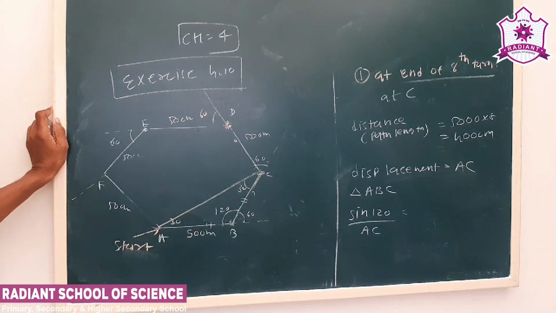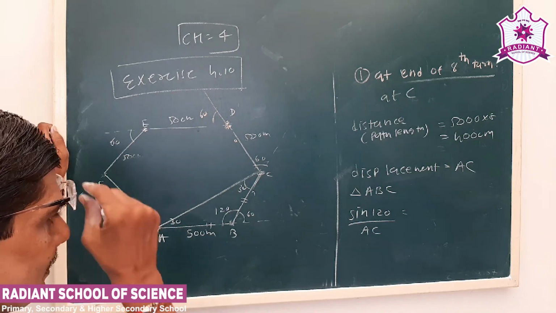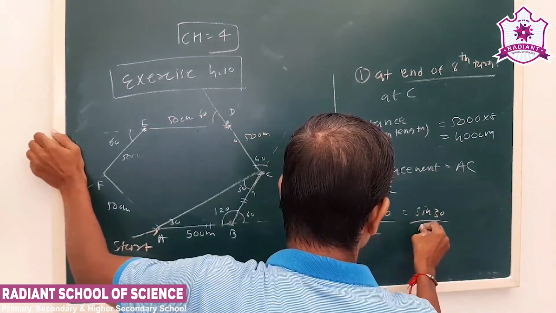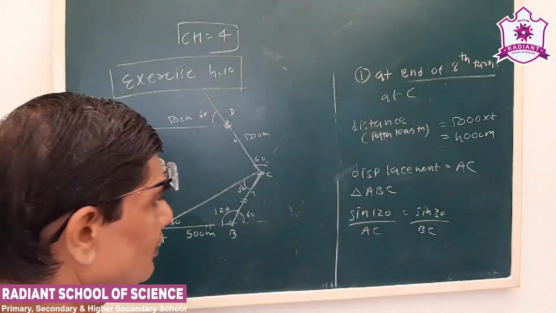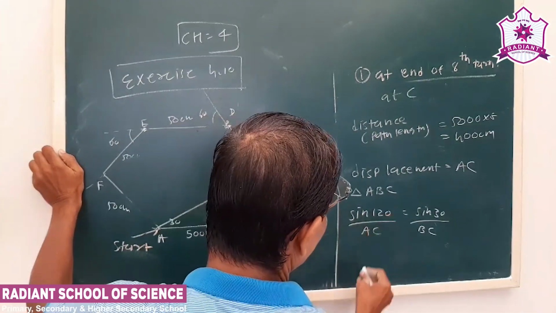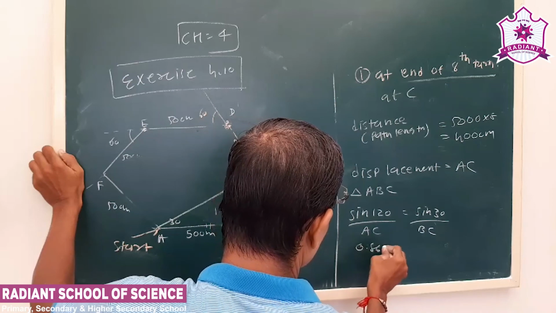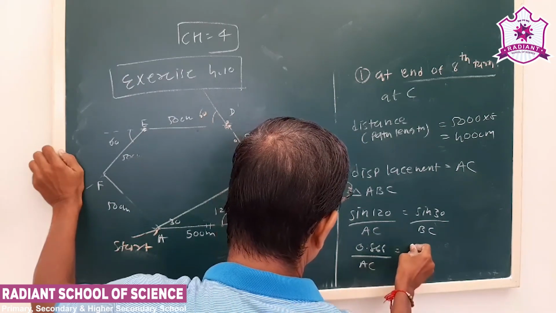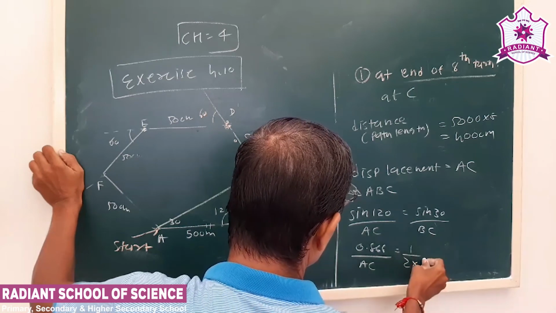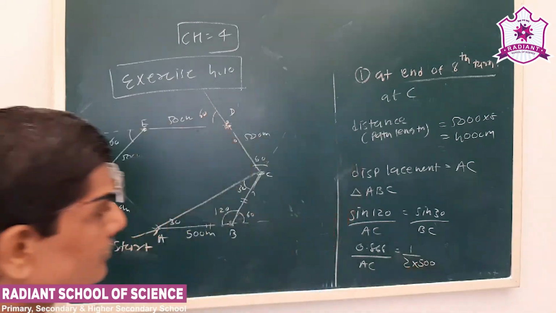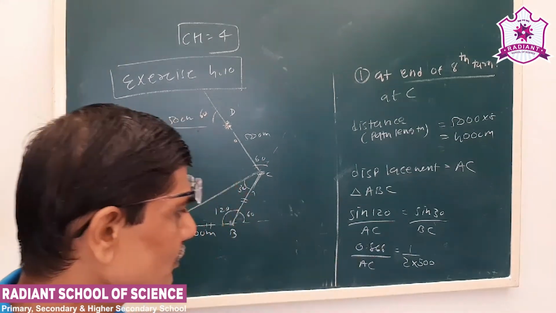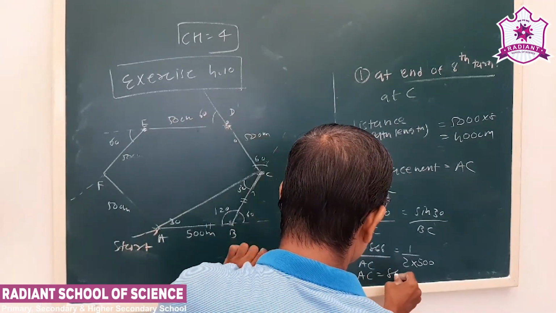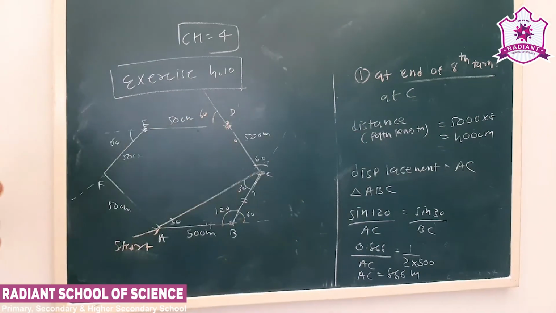So this angle will become 30. So we can say sine 30 upon BC. As we had seen just now, sine 120 is the same as sine 60, that is 0.866. AC we have to find out. Sine 30 is 1 by 2, BC is 500. Taking the 2 directly, 1000 into 0.866 is AC, that is 866.